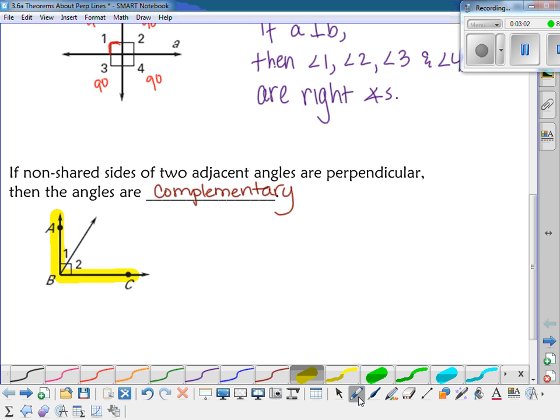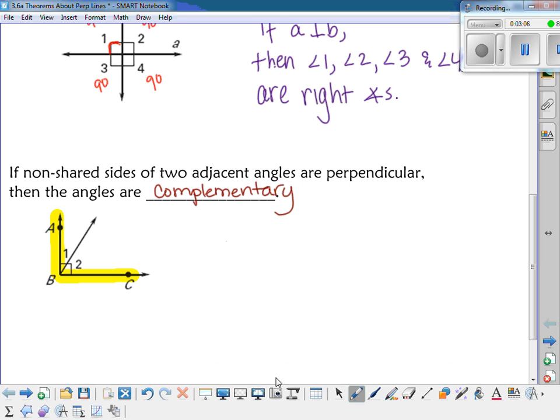So basically the information that you would have to be given first of all is that ray BA is perpendicular to ray BC. And if you're given that information, then you can say angle 1 and angle 2 are complementary.